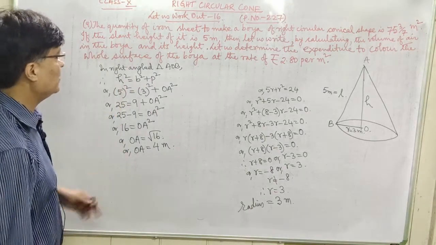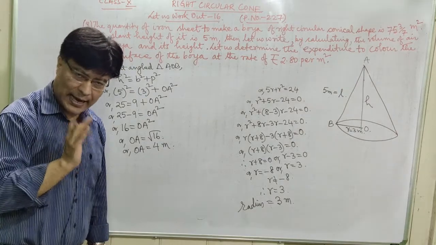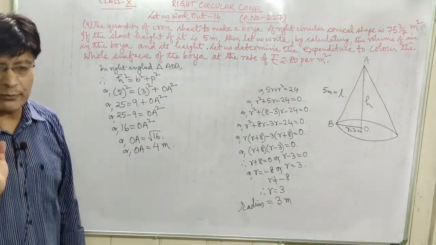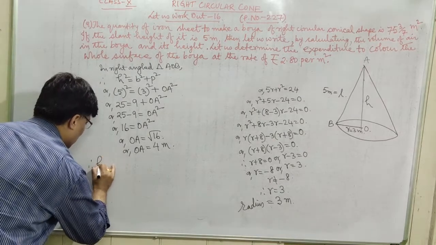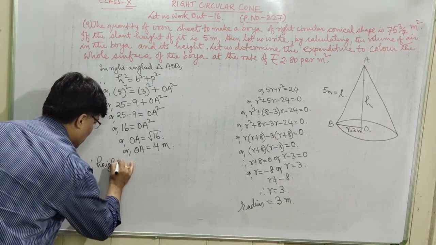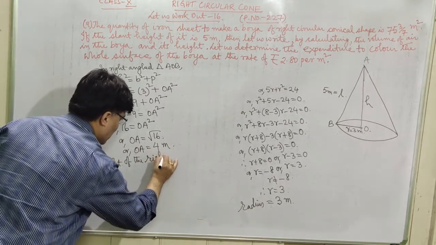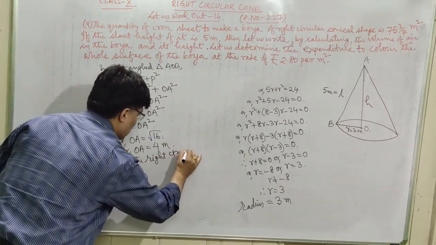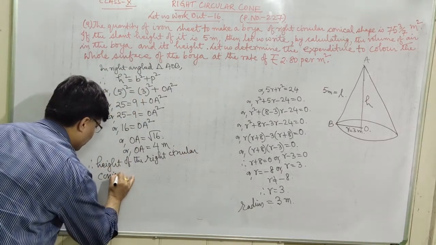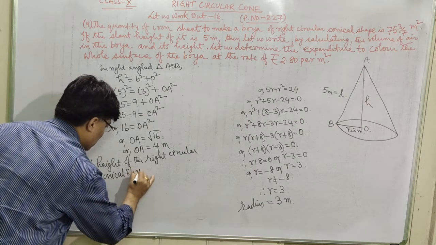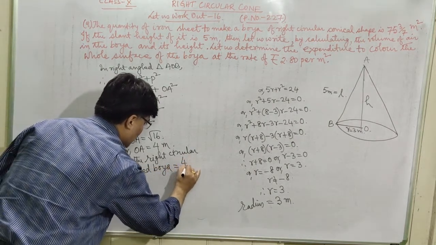So what is OA here? Height of the right circular conical shape. Height of the right circular conical shape boya is equal to 4 meter. So we can write down the answer. Therefore, height of the right circular conical shaped boya is equal to what?